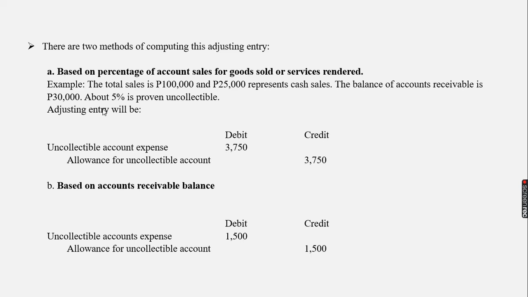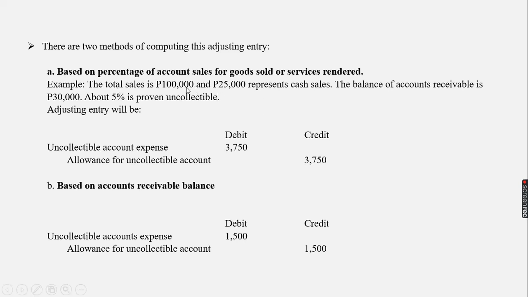Ayan. Yung sales mo kasi is yung total sales mo, 100,000, tama? And yung 25,000 doon is cash sales. So, natanggap mo yung 25,000 na cash.